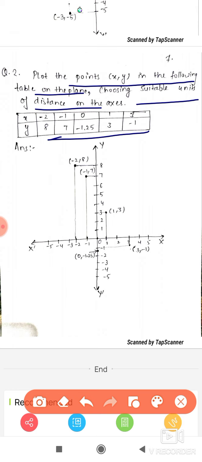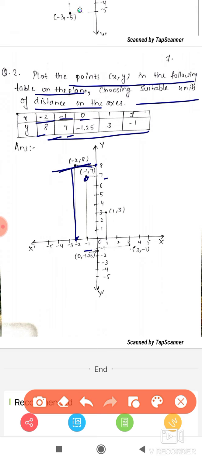See what the points are over here. At x equal to -2, y is 8, so we will draw it like this, and this is (-2, 8). At x it is -1 and at y it is 7, so we will draw it over here.